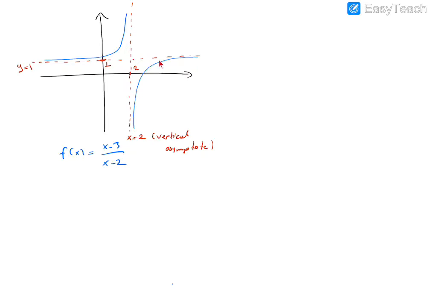And the horizontal asymptote y equals 1 says that when x goes to minus infinity, the function value approaches 1, or when x goes to plus infinity, the function value approaches 1, okay?